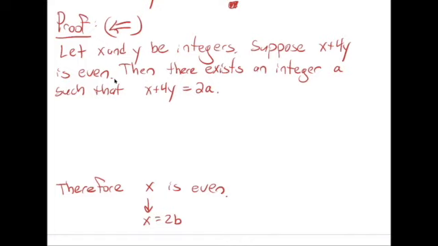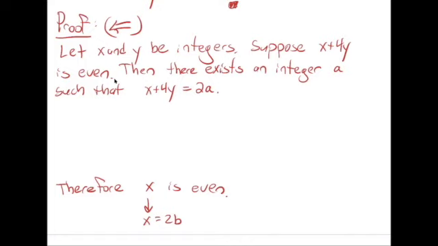Yeah, and so there's a couple of suggestions about moving the 4y to the other side. I think that's a really good idea to think about. Well, I know that x should be 2b somewhere along the way. Where do I fit that in? And this is a really big caution that shouldn't come in until the very, very end.